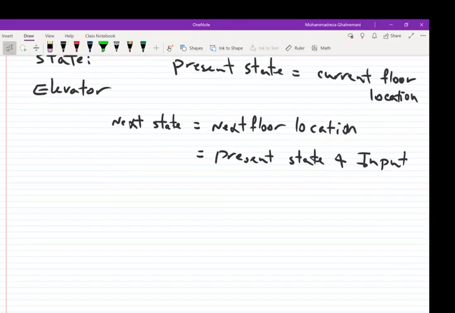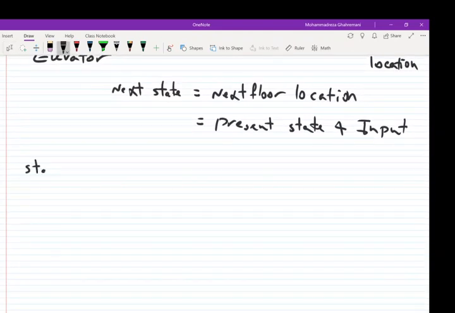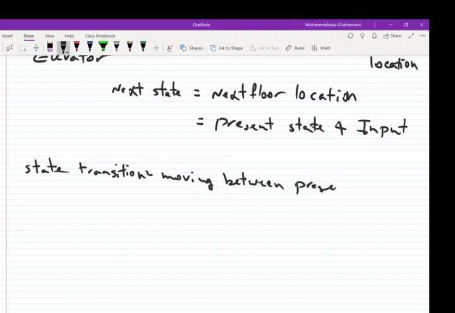What is state transition? Of course, moving between present state and next state is called state transition.